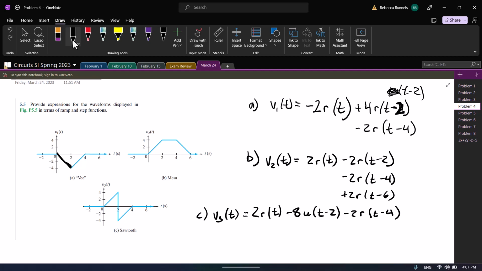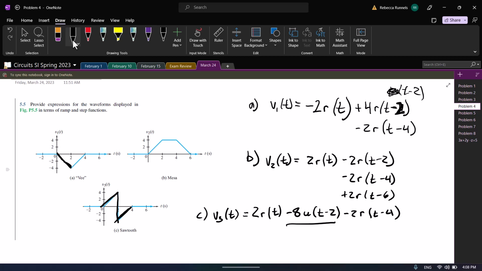Wait, no, I don't understand. How are you going positive 2 and then subtract 2 again to get a positive slope? I think you're at the wrong place when you're subtracting that out. So I have a positive 2 slope here up until 2. Okay, then at 2, I'm not changing the slope at all. I just drop down. So I still have a slope of plus 2. But why is it not just straight here?